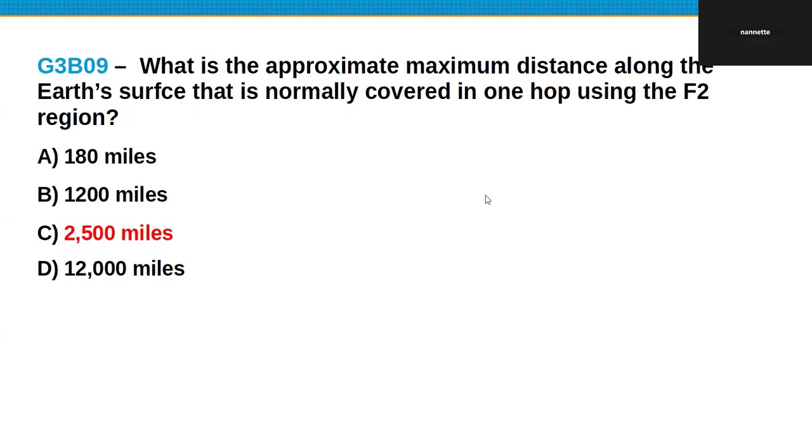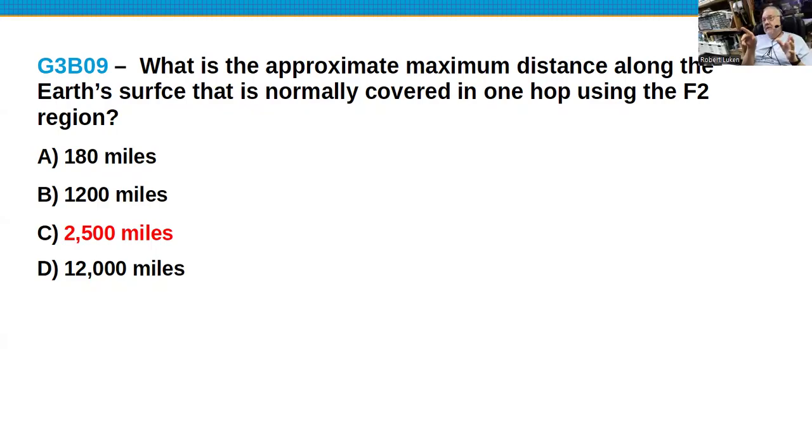The approximate distance along the Earth's surface normally covered in one hop on the F2, which is the highest, using the highest frequency at the best time, is why it can travel that far. You can get up to 2,500 miles in one hop. So I'm just going to remember F2 and 25.